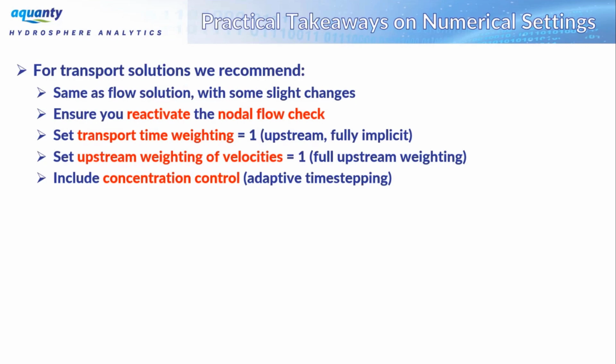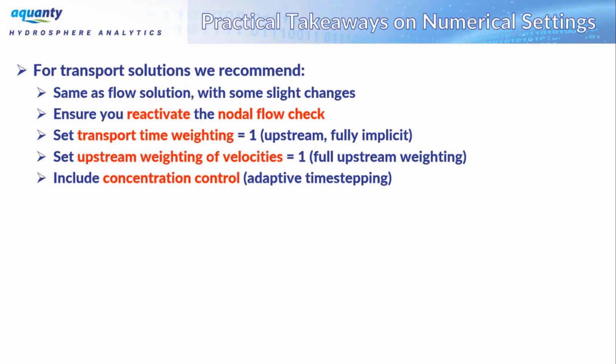We didn't touch on transport solutions, but we also have some recommendations in case you are running a flow and transport simulation. We recommend that you use the nodal flow check, which is useful for ensuring stability of the transport solution.